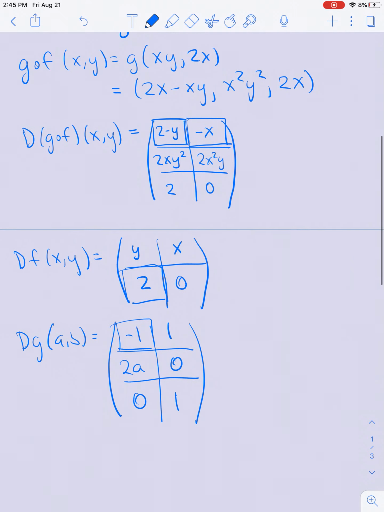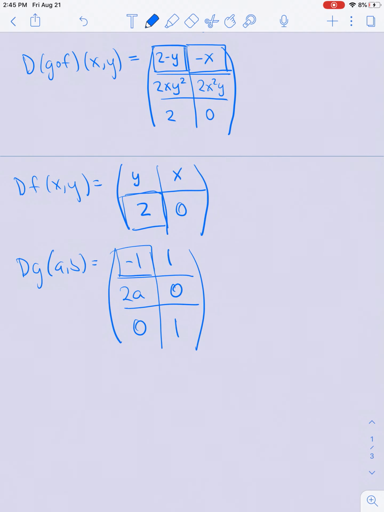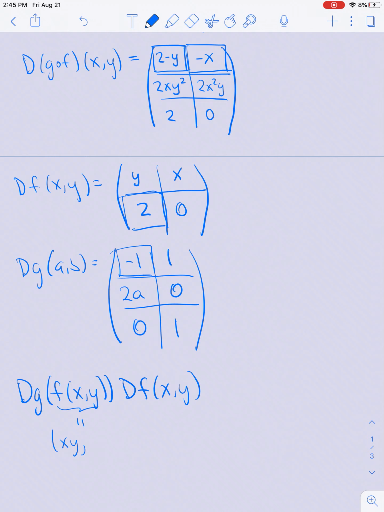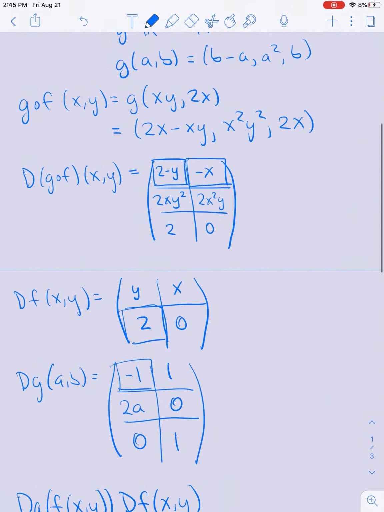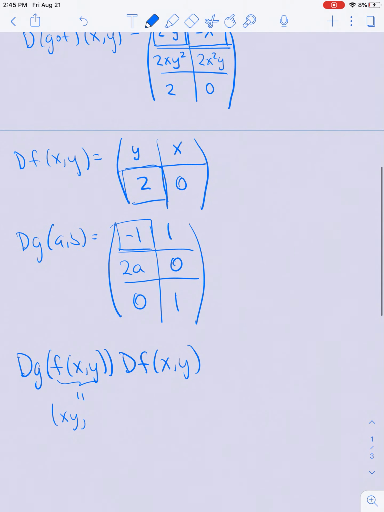So now what I need to do is compose dg and df and see if I get d of g composed with f. And moreover, for a and b, I need to plug in f of (x, y). So notice that f of (x, y) is (xy, 2x).